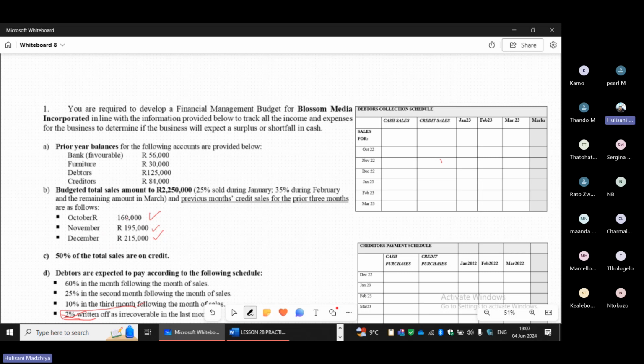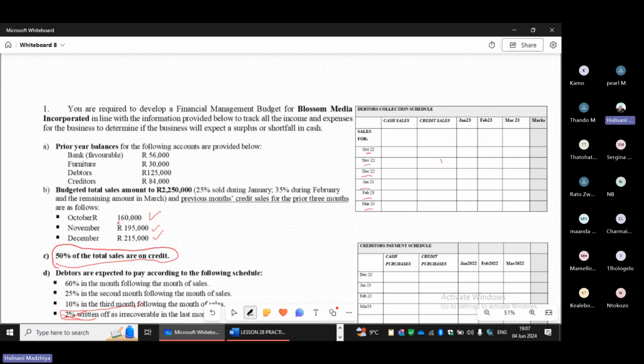So these are the ones that we start with, and then we include the one that we are budgeting for. Now the question comes in: what is the cash sales for the month of October? It says that 50% of total sales are on credit.